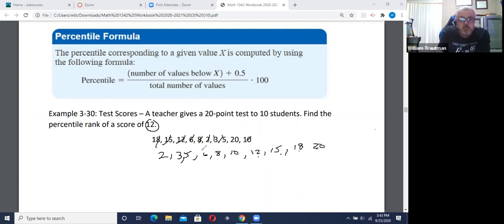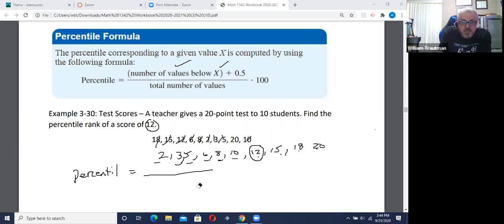So we want to find the percentile for 12. Well, percentile equals the number of values below 12. Do you see, below X? 12 is our X. There are 1, 2, 3, 4, 5, 6 scores below 12.